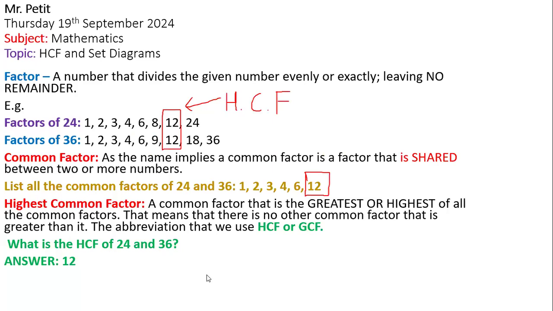Condoleezza, you understand what we're doing so far? Yes, sir. That's good. Elcardo, do you understand what we're doing? Yes, sir. How about you, Nateo? You understand?